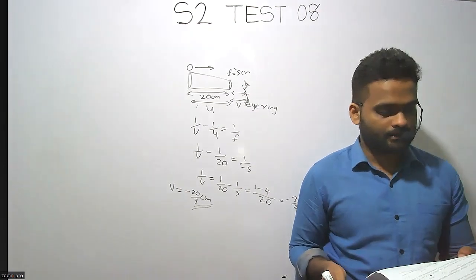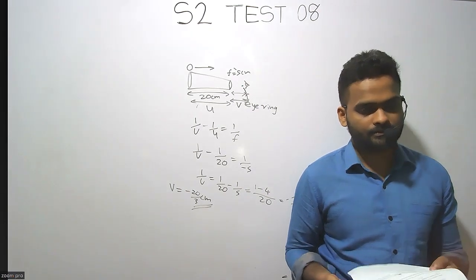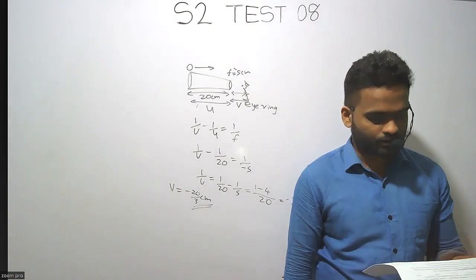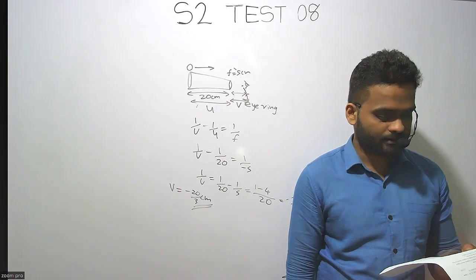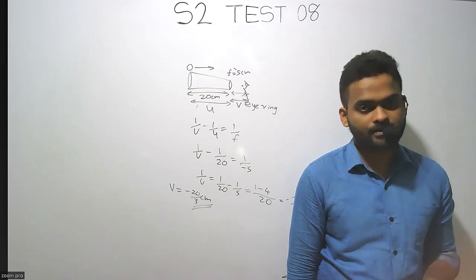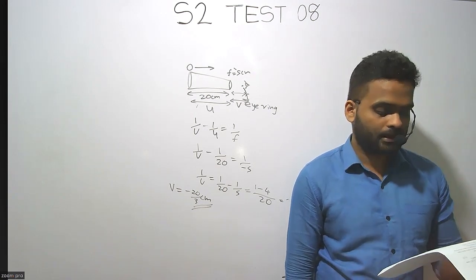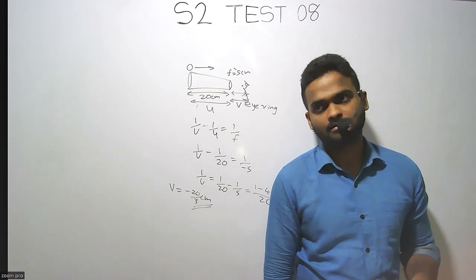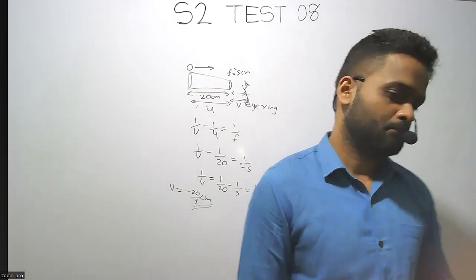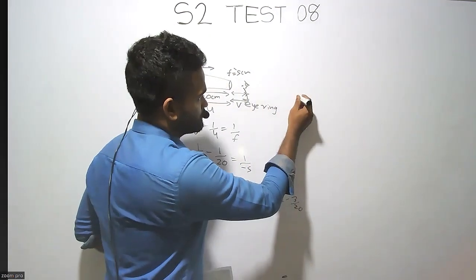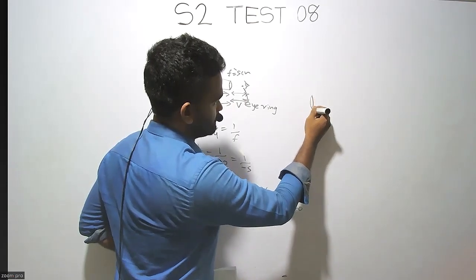Then we'll try the 15th one. As shown by the image, two arrows are printed on a paper. When it is observed through a telescope, the image that can be seen is, right? So let's say this is the telescope.